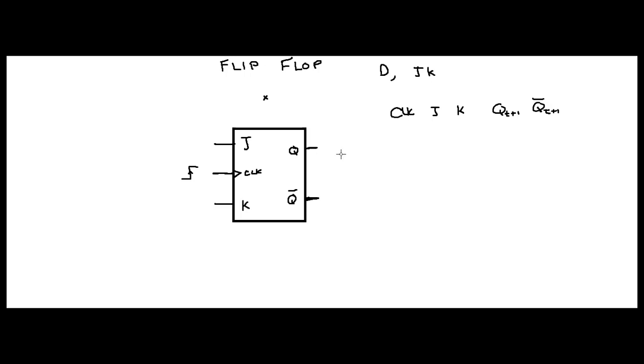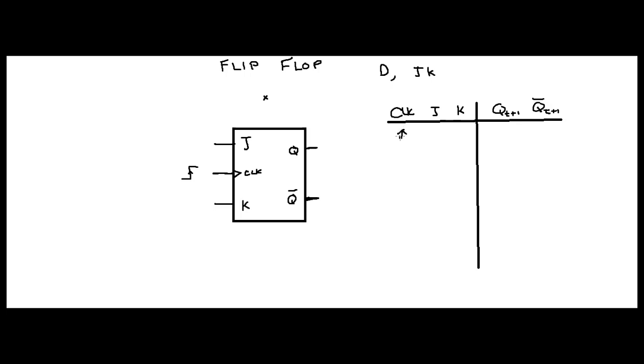This is useful for you because when you're looking at different data sheets, they're going to use T plus 1 and T, so it's a good idea. And they could use it on other chips as well. So if you understand this, it helps you for a variety of gates and things.